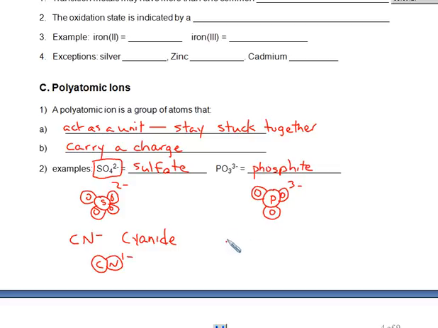And then another one would be nitrate, NO3-. And that one's got a nitrogen in the middle. And it's got 3 oxygens around it. And the whole thing has a -1 charge.